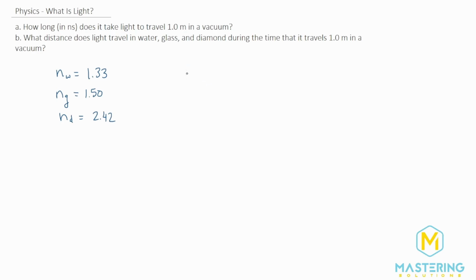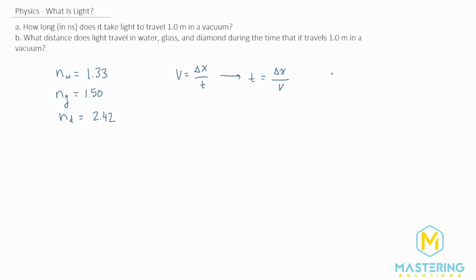And what we're using is the velocity equation, which is the change in distance over the change in time. And we're just rearranging it to solve for time, which of course is going to be t is equal to delta x over v. We've done that a million times at this point in the book so far. And now we need to use the velocity of light, but it's the velocity of light in a certain medium.